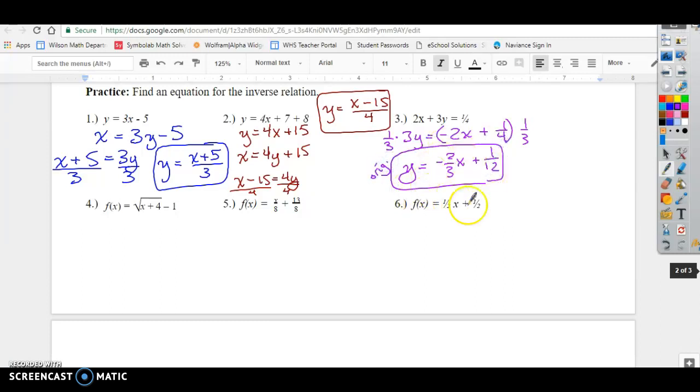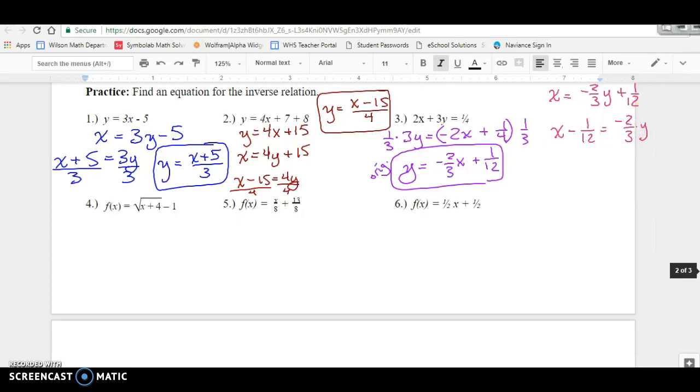I am now going to go after my inverse of this. So this means, again, I'm going to switch the x and the y. So x equals negative 2/3 y plus 1/12. I'm going to subtract the 1/12 to the left. And now I'm going to make this a positive 1y.